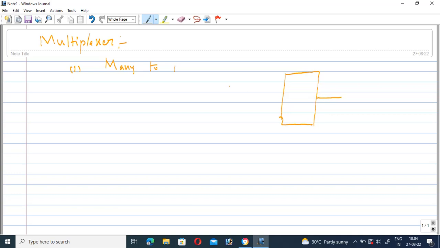it consists of these input lines and these selection lines. I will call the input lines n, and the selection lines m.